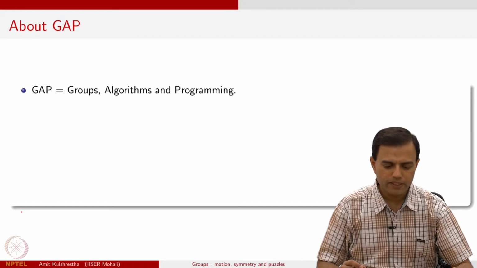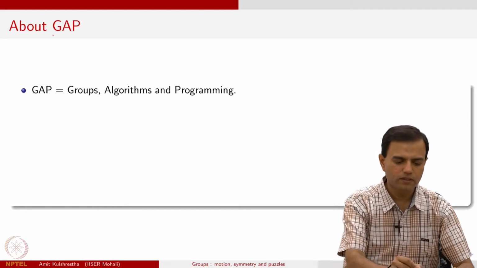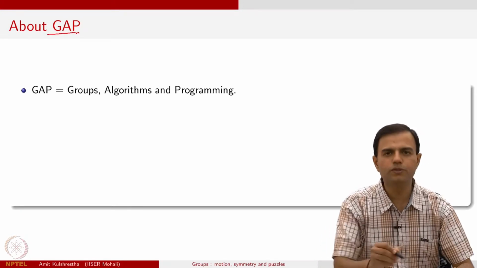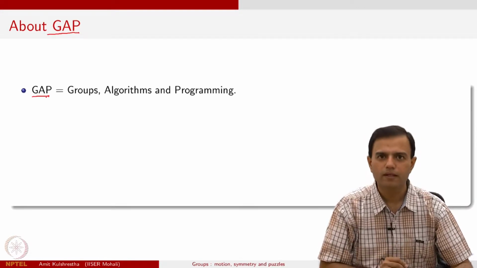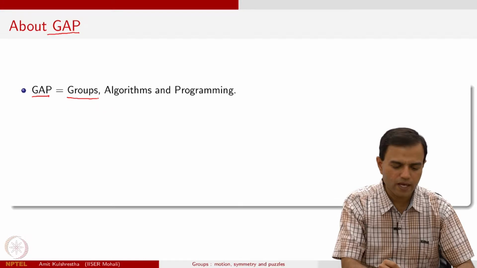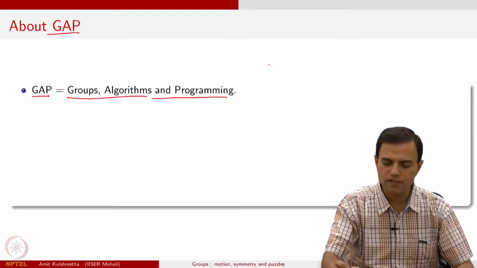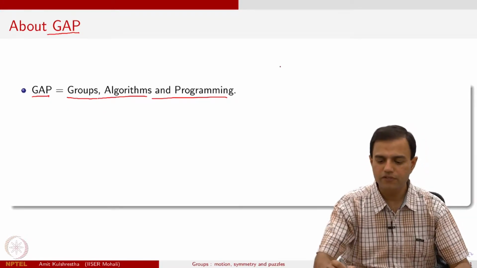So last time I had mentioned that we are going to learn how to solve Rubik's Cube using GAP. GAP stands for Groups, Algorithms and Programming. It's a software and it's a free software.